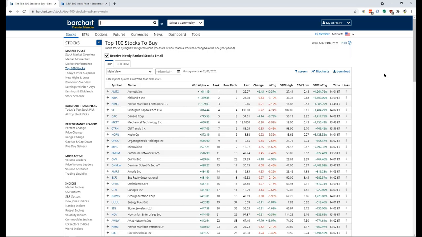Every time you log off, when you've got the regular membership, you have to set your template up again, whereas if you're a Premium member, you can set up 20, 30 of these templates for either screeners, charts, or custom views, and it saves it, and you can just pop between them. So that was the big advantage for me of becoming a Premium member. It saved me a lot of time.